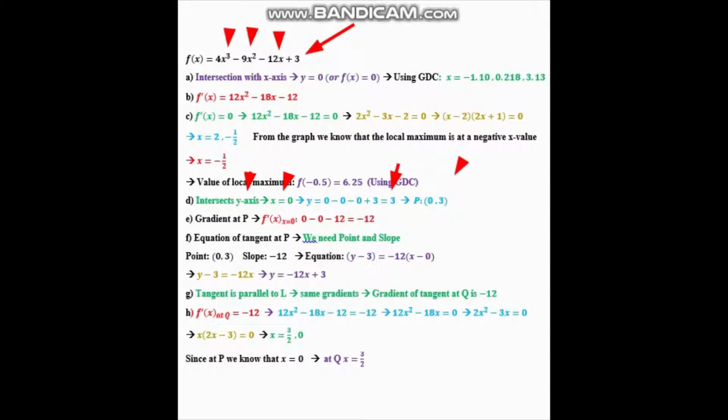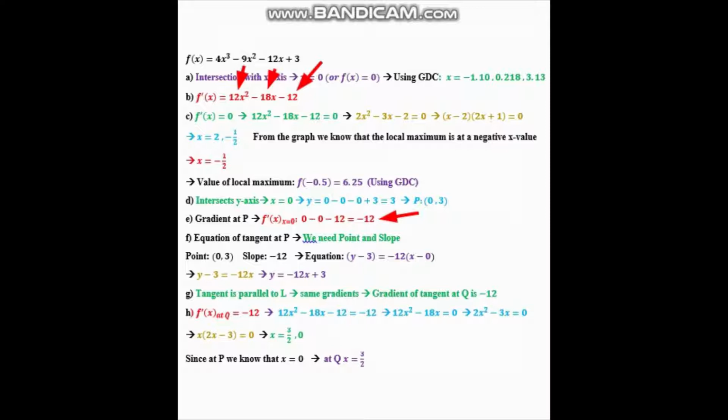Hence, the point is 0, 3. If I want to get the gradient at P, I simply need to find the value of f dash when x equals 0. So again, I plug 0 into f dash, and I get negative 12. Hence, the gradient is negative 12.